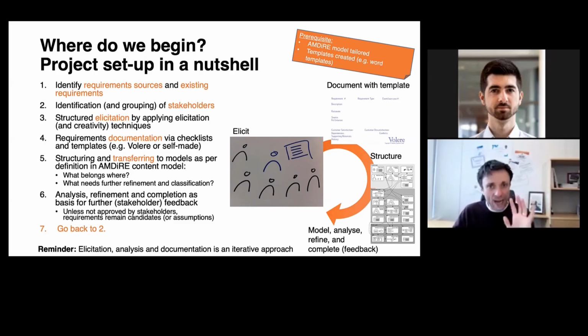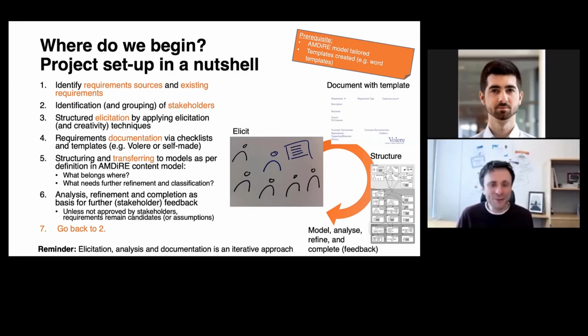But anyway, what we have is a basic idea of our AMDIRE model. And I have a set of templates created, for example, for the elicitation of requirements. Now, the AMDIRE model for now, let's put this aside, and start with the following. The first thing to do is to organize ourselves.